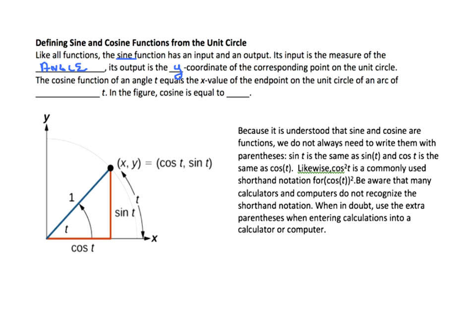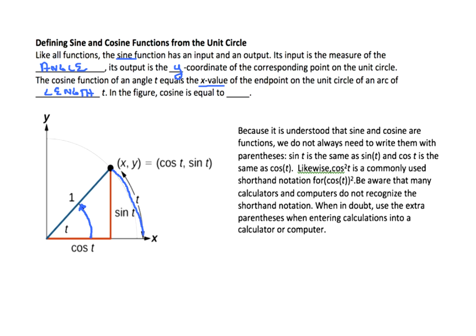Remember, we're talking about sine. The cosine function of angle t equals the x value of the endpoint on the unit circle of an arc of length t. Remember, t is that distance from the initial side to the terminal side, and it is equal to that length.